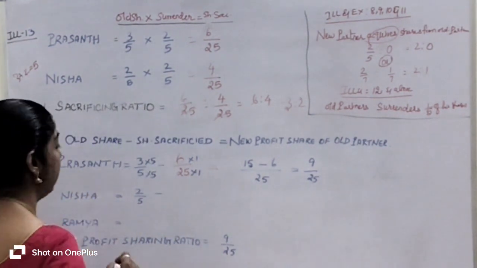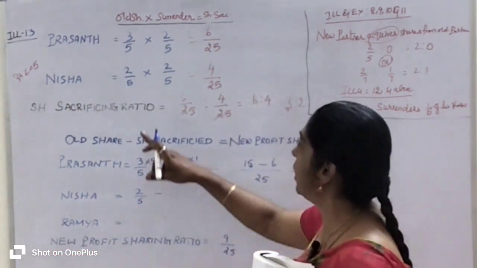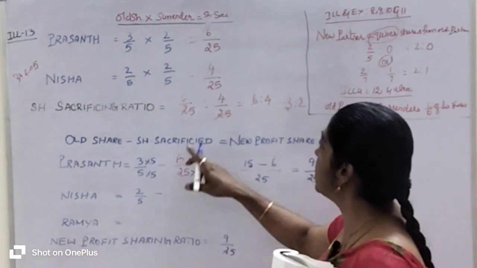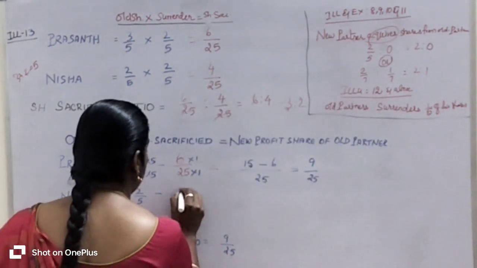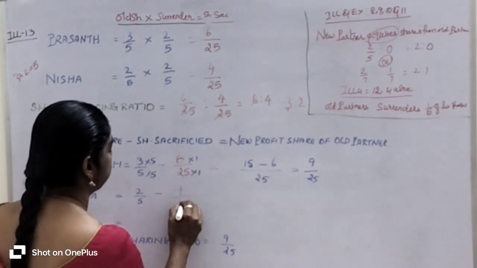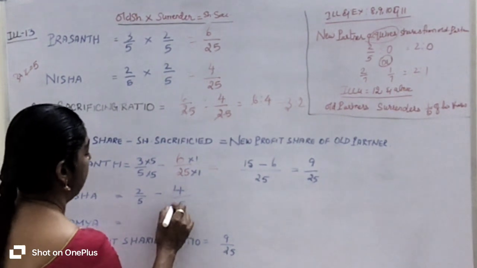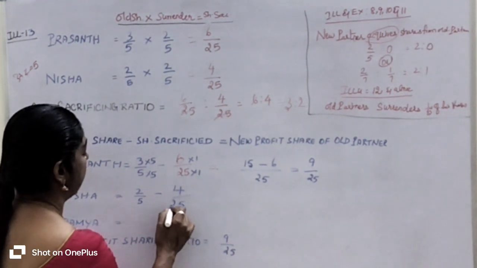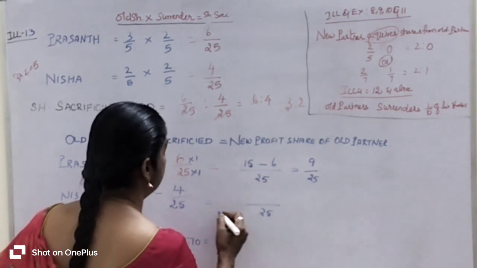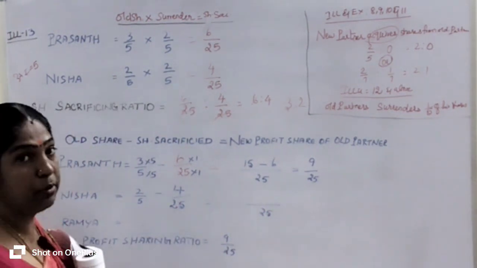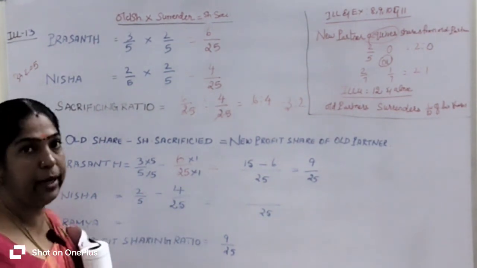Then we are going to find out Nisha's new profit sharing ratio. In this way, Nisha's old share is 2 by 5. Nisha's share sacrificing ratio is 4 by 25, right? So we have different values in the denominator. We take 25 as the common number. Why? Because 25 is divisible by 5, but 5 is not divisible by 25.